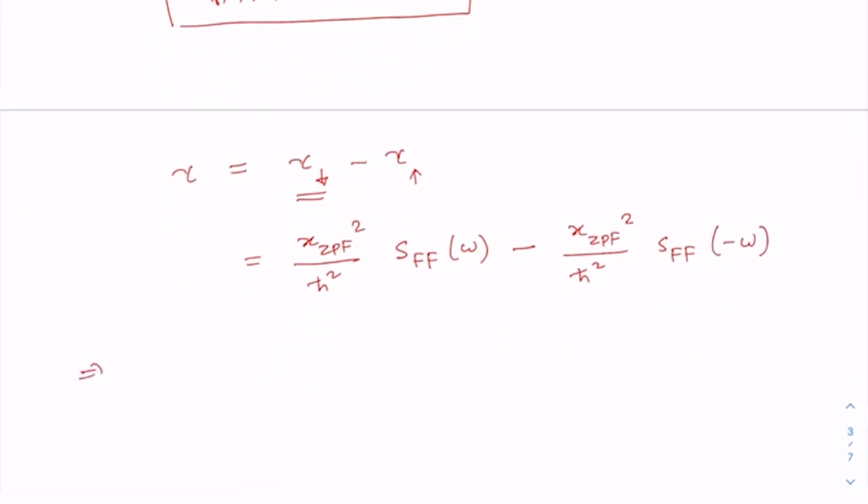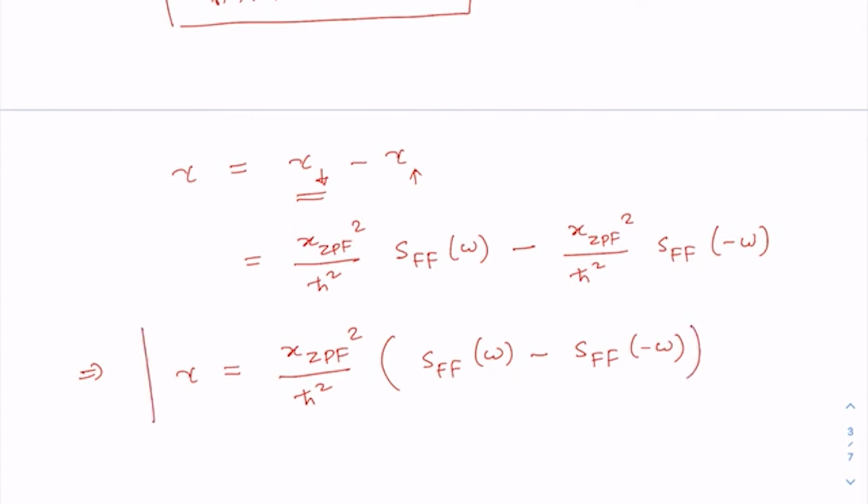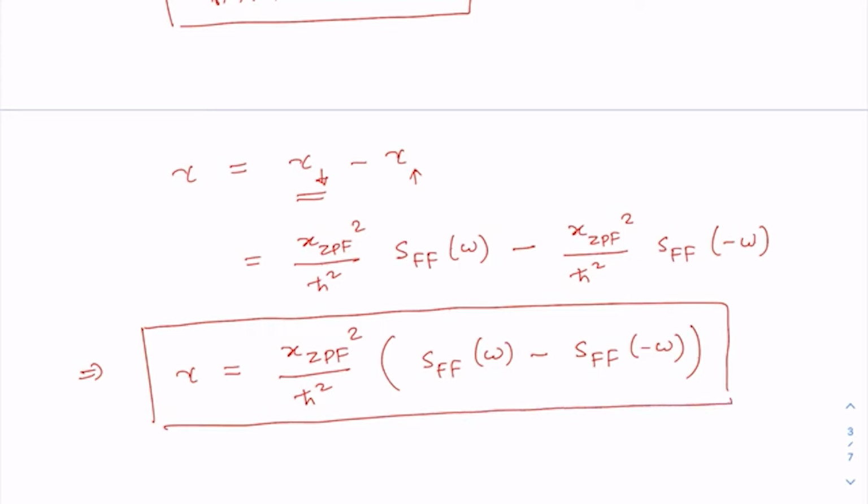So this implies that we get gamma is equal to x zero point fluctuation square by h square times SFF at omega minus SFF evaluated at minus omega. So this is the dissipation rate, and it's an important formula worth remembering.